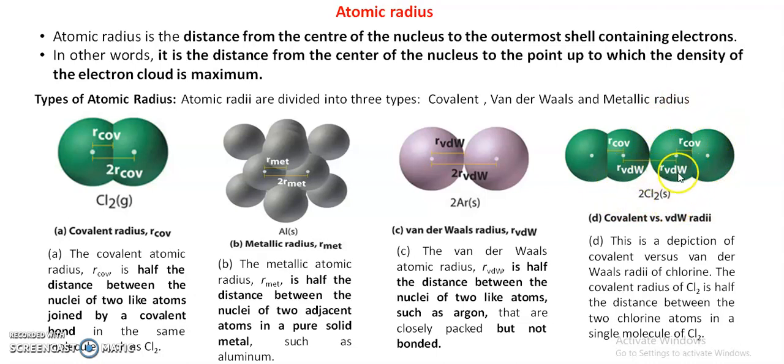These two chlorine atoms are adjacent to each other but not bonded. So from this point to this point we call it van der Waals radius, but from this point to this point is covalent radius, because two chlorine atoms are covalently bonded in this chlorine molecule.